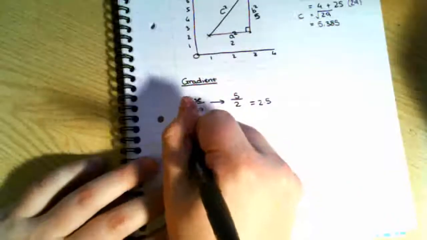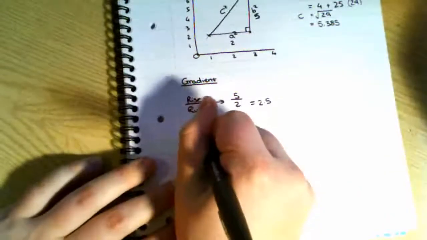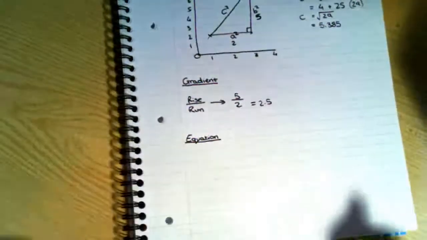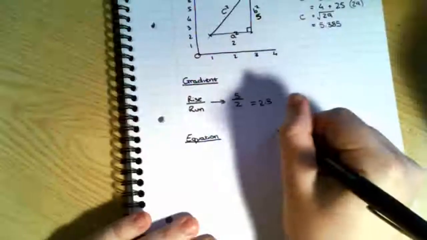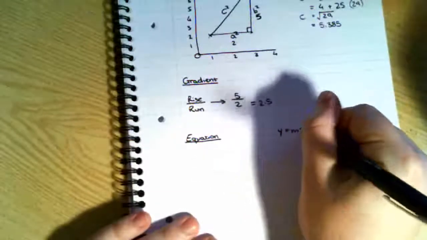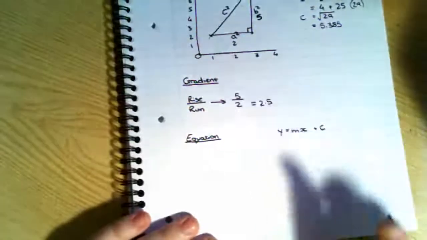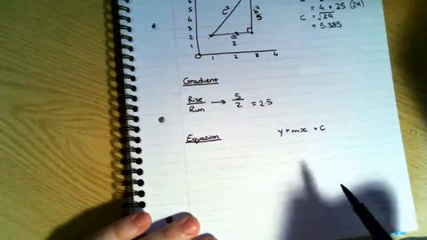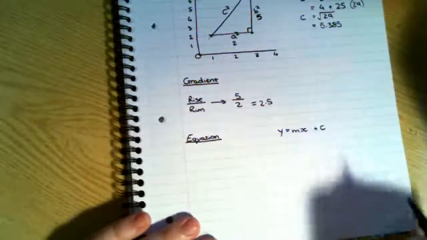Now we have to work out the equation. What is the equation? I'm sure you've all seen this before. Y equals mx plus c. M is your gradient, c is the y-intercept.